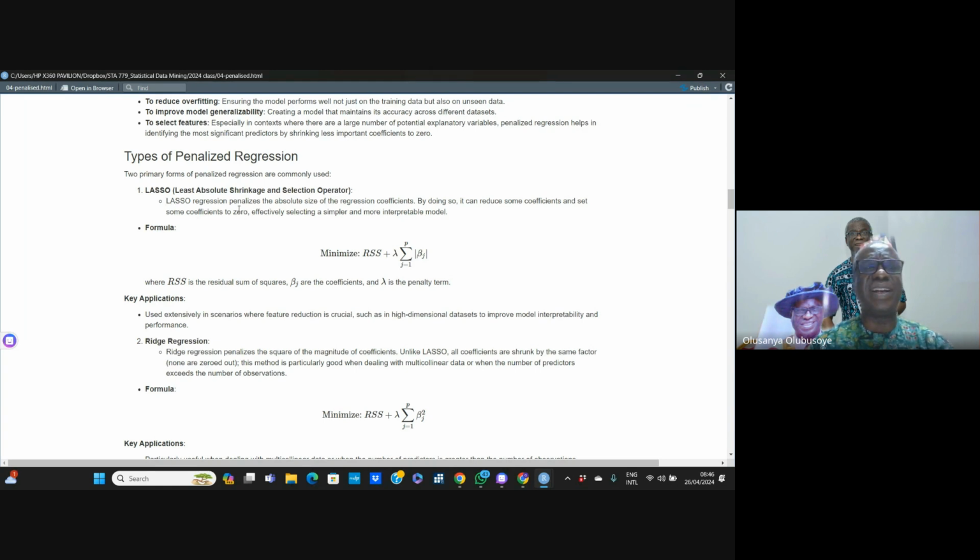So LASSO regression, if you recall, the OLS that you used to know simply minimizes the sum of squares of the residual.